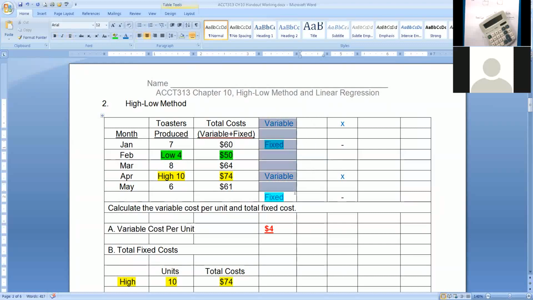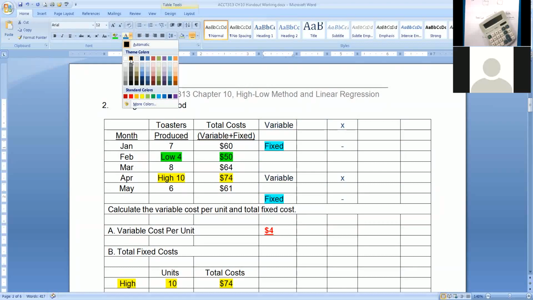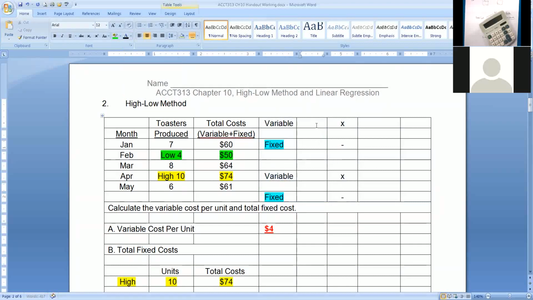I don't like light blue. So variable cost.